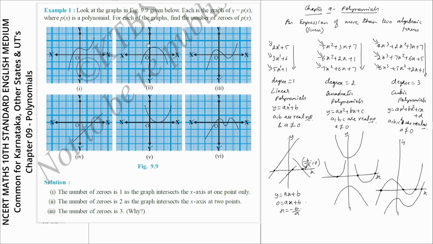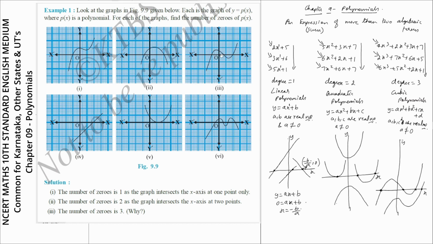In the second example, the given polynomial intersects the x-axis at 2 points. First point is here, the second point is here. Therefore the number of zeros is 2. And in this example, the polynomial is intersecting the x-axis at 3 points.